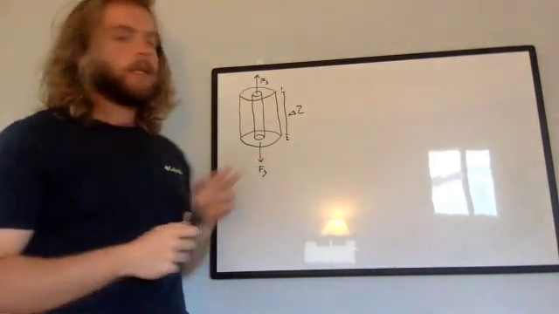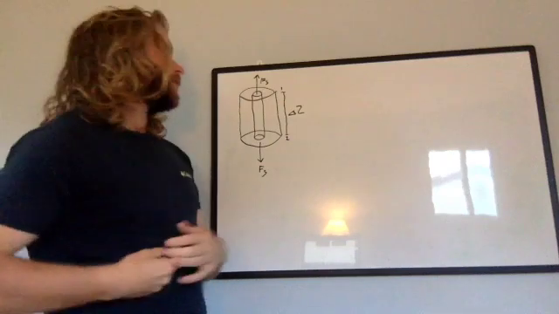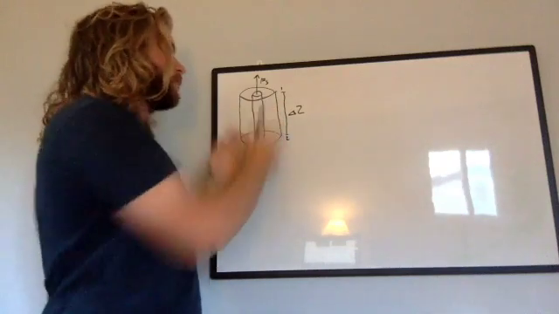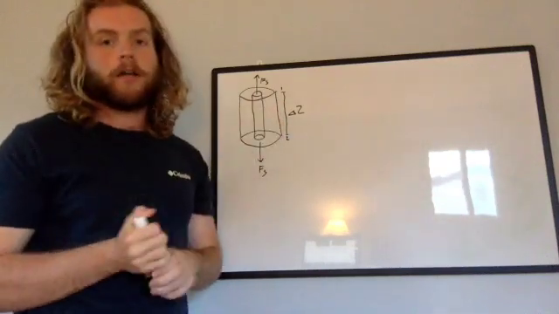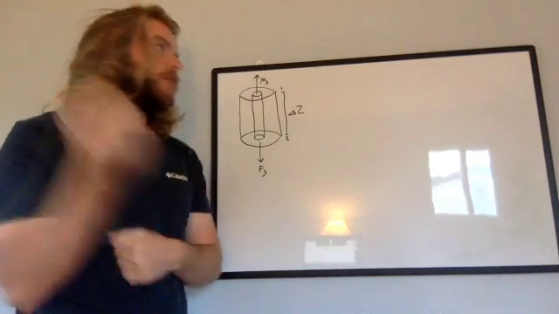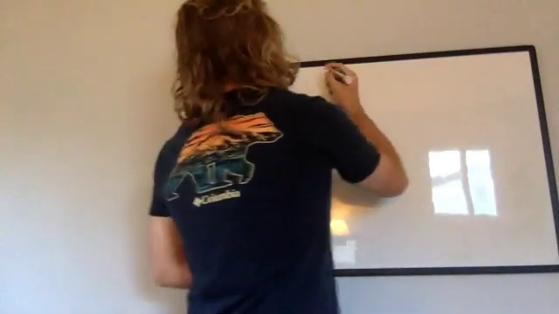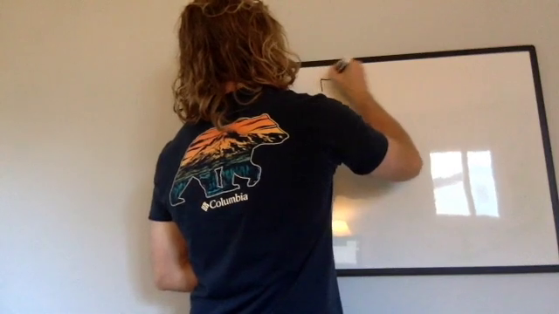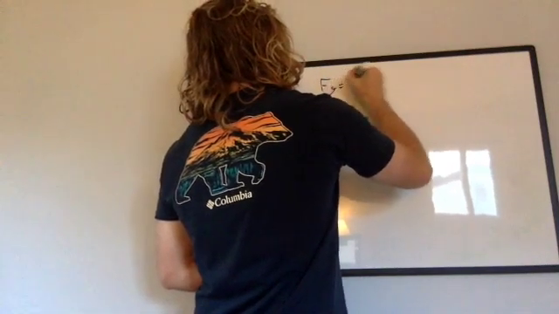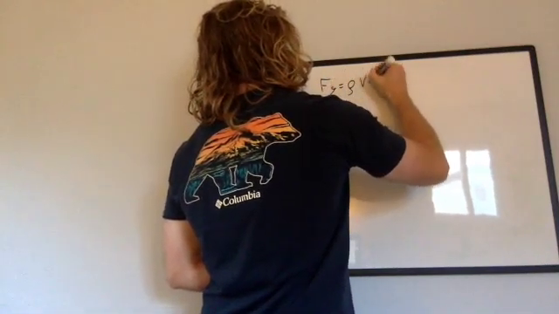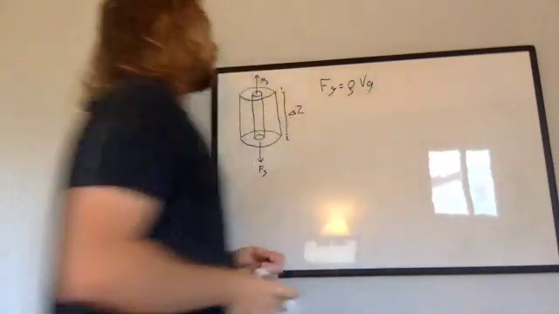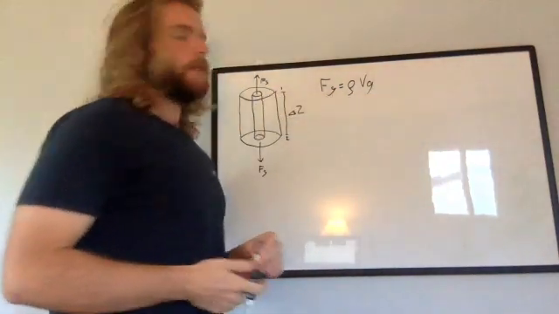This Fg is just going to be the density of the fluid within this pipe multiplied by the volume of the pipe multiplied by the acceleration due to gravity. So we'll go ahead and write that out. That is going to be our expression for the force of gravity.